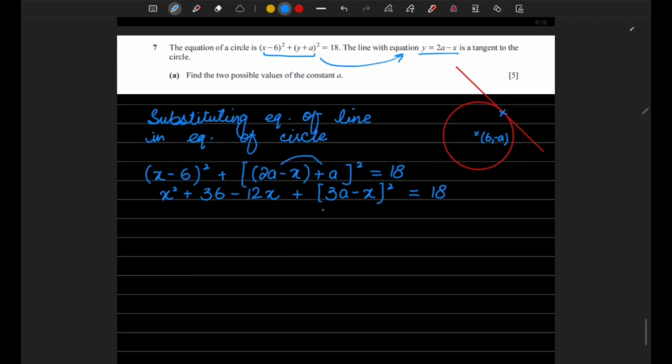Now solving it also, (3a minus x) whole squared will become 9a squared plus x squared minus 6ax, minus 18 equals 0.